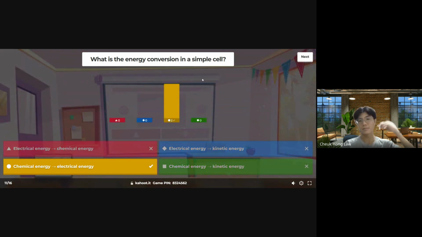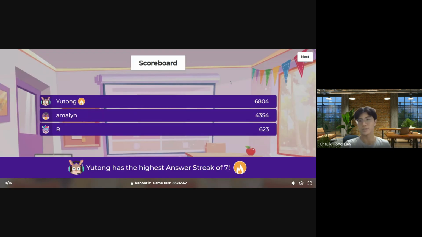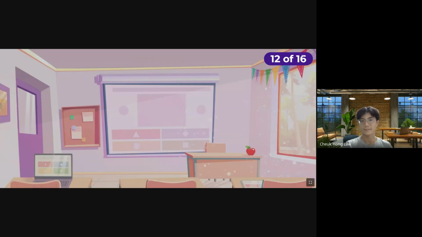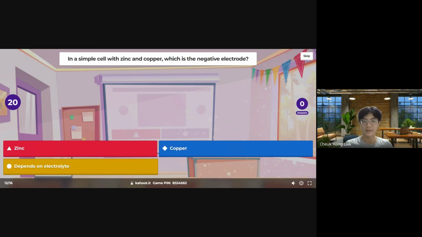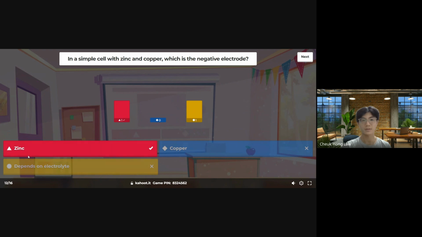Yes, a simple cell is chemical energy to electrical energy. Okay, 5 more questions. Which is the negative electrode? Remember, the negative electrode in a simple cell is the anode. So think carefully, which one is the anode? The anode is the more reactive metal.